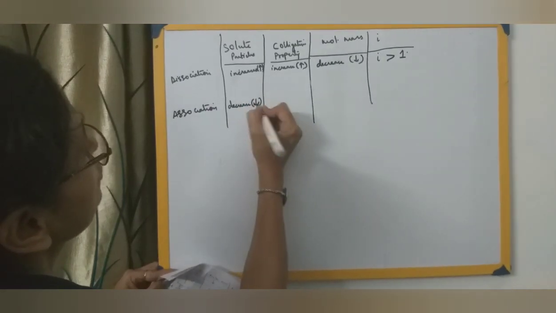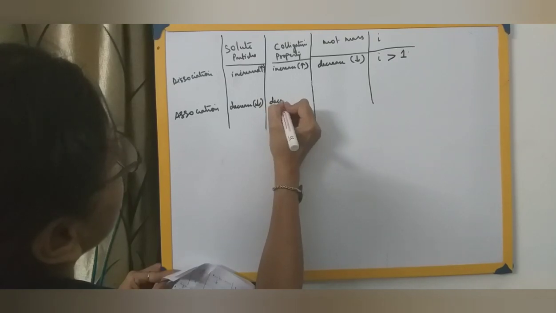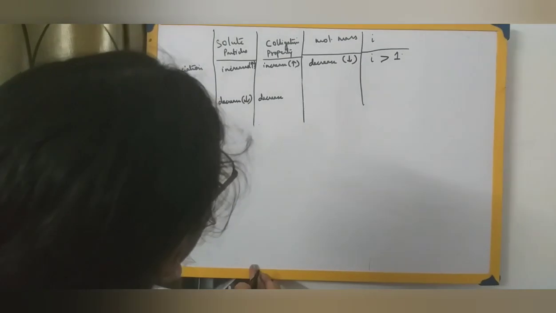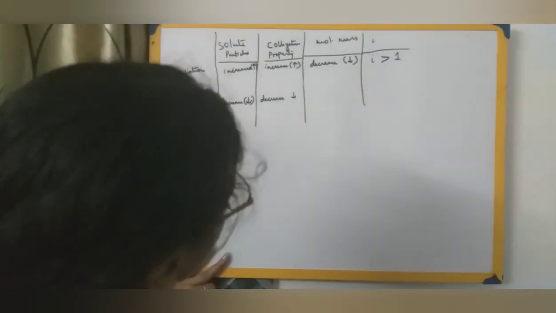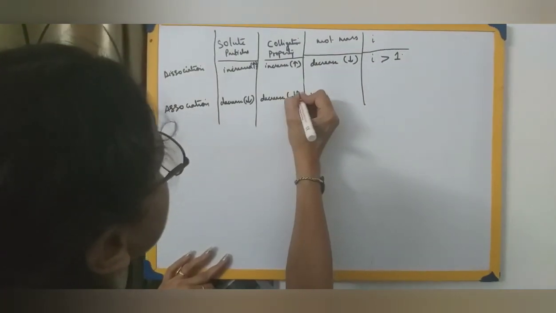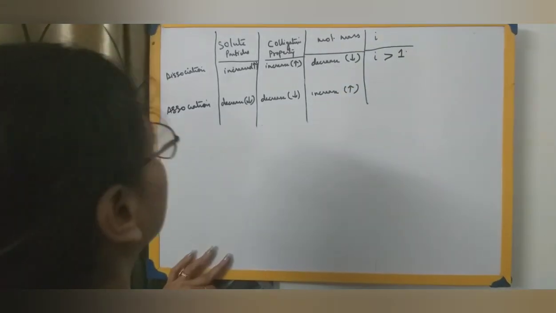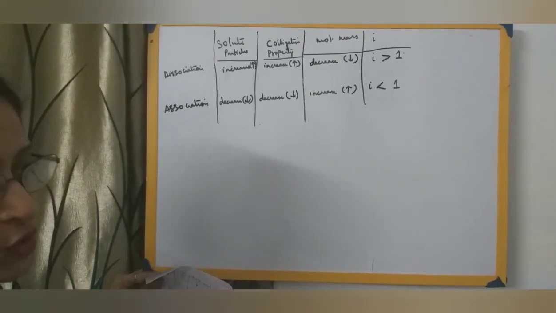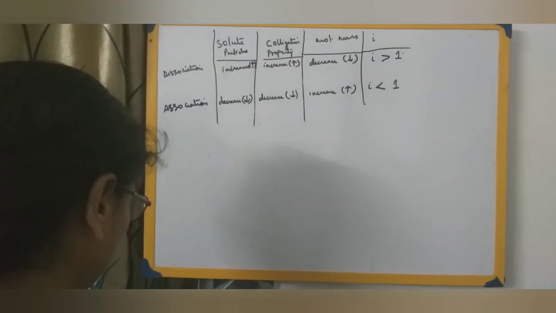It will be easier for you to remember. The number of solute particles is directly proportional to the colligative property, so this will also decrease. But colligative property is inversely proportional to molecular mass, so this will increase. So we represent it with an upward arrow. And what will happen to I? I will be less than 1. You remember for benzoic acid in benzene, we found that it was half. So it is less than 1. I gave you that particular example.